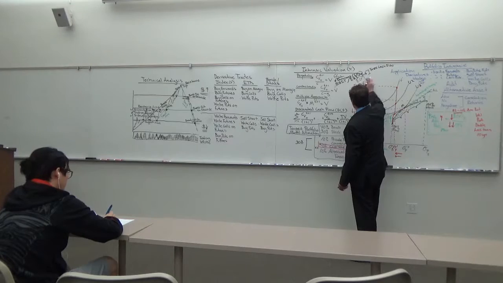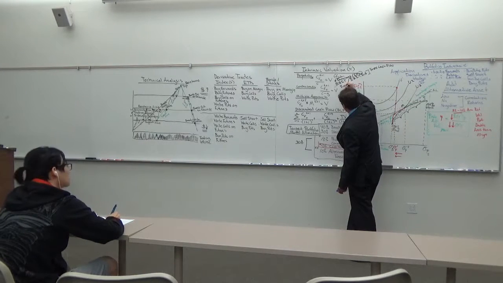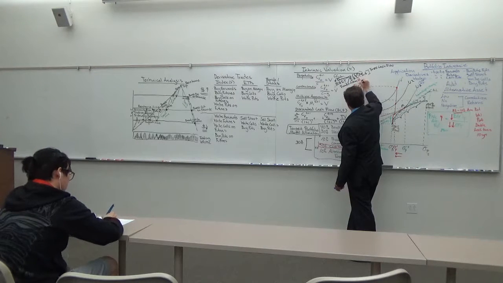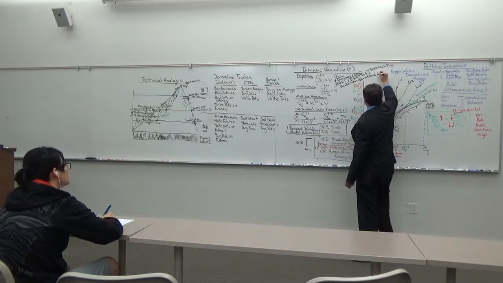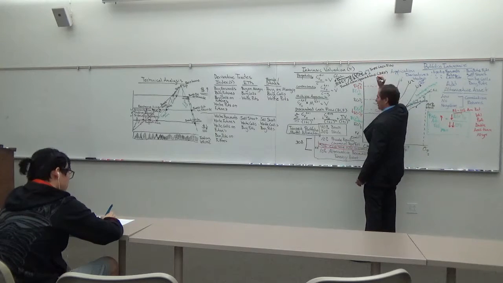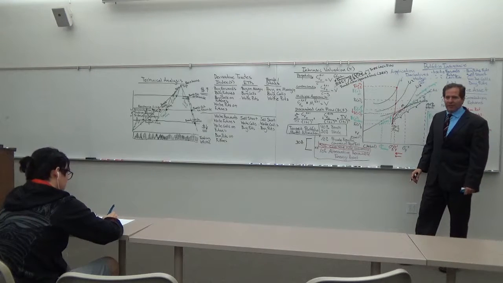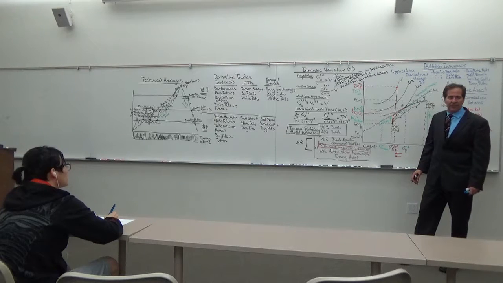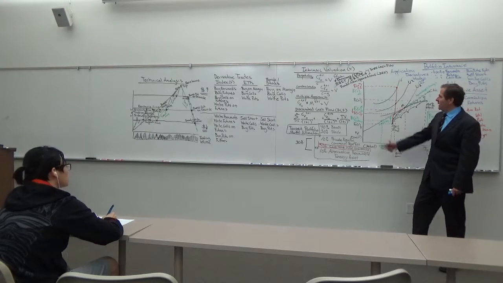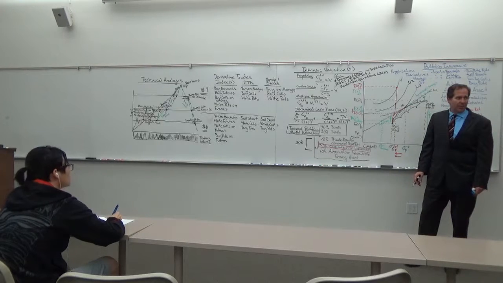I can also look at funds from operations, if I'm trying to value a real estate investment trust, a publicly traded real estate company. I can also use FFO per share if I'm trying to value the stock.